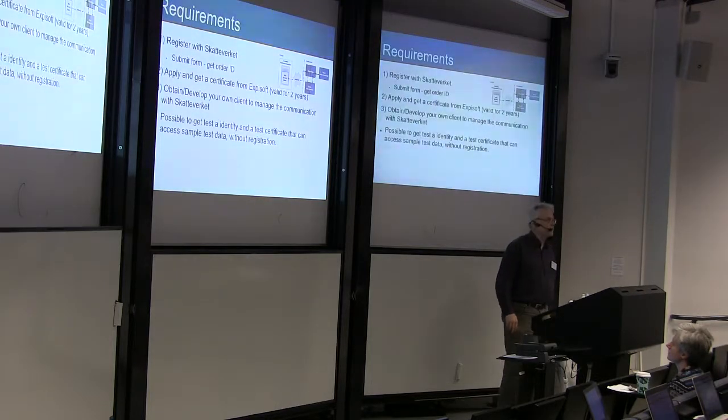So what are the requirements to use this service? You have to register with Skatteverket, and you do that by submitting a form on their website. Once you're registered, you get an order ID, and this is used by Skatteverket to track the users.